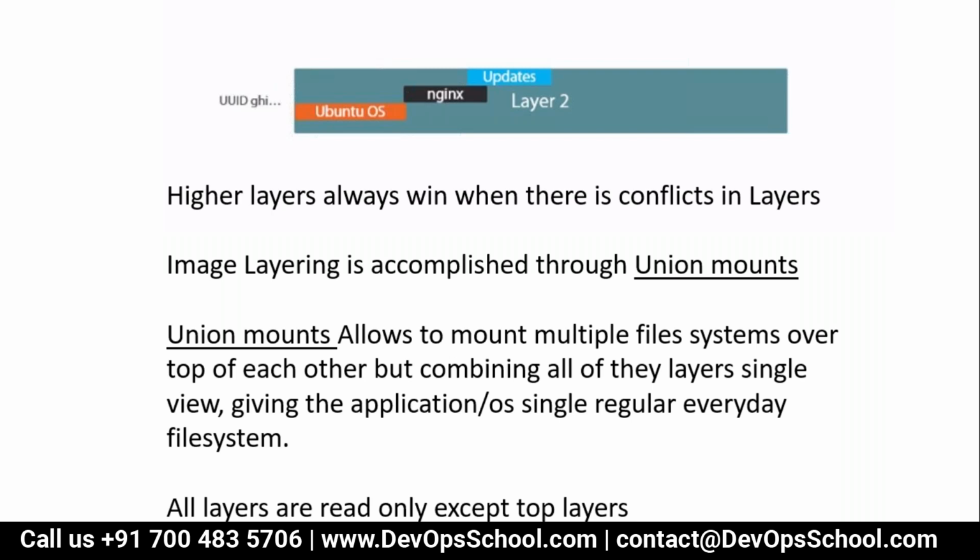By combining all of the layers into a single view, all the layers combine and it looks like it's an operating system, but it's not. That's because of union mount, it merges all the layers. You have a root file system plus XYZ applications and all. So it merges and creates a kind of view, something like a regular everyday file system of an operating system.